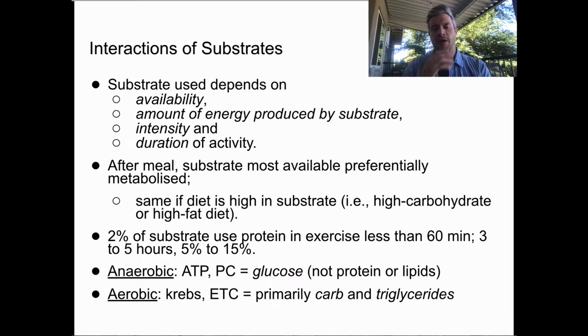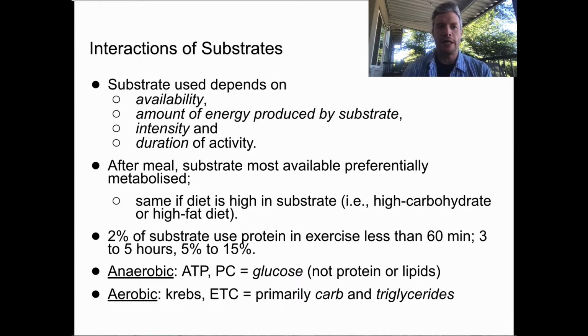The slide mentions a little bit that some protein gets utilized for exercise, where anything less than 60 minutes is pretty negligible. But once you start getting up to 5 hours plus, the amount of protein metabolizing increases.